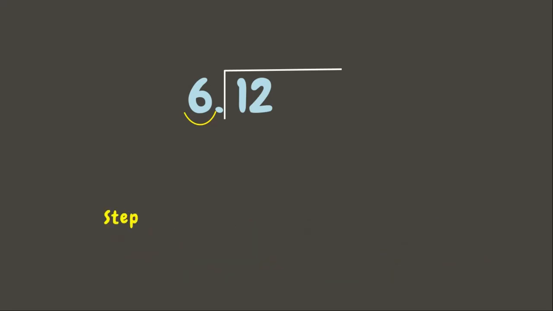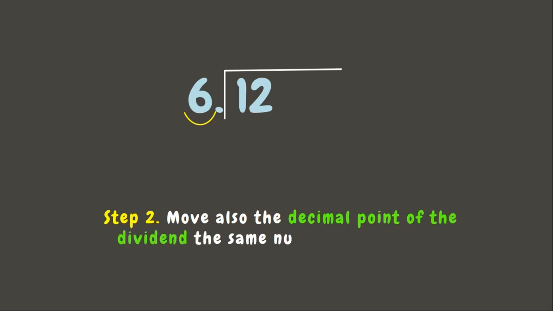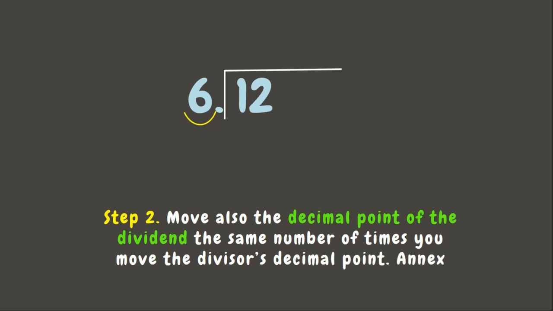Now our second step is, we move also the decimal point of the dividend the same number of times we move the divisor's decimal point, and we annex 0 as needed. But where is the decimal point of a whole number? The decimal point of a whole number is at the end of the number.